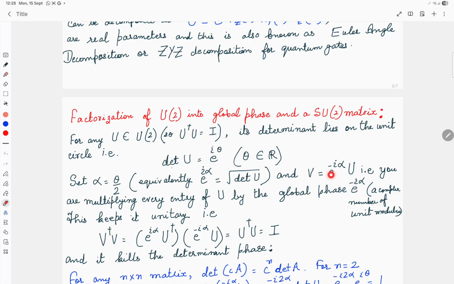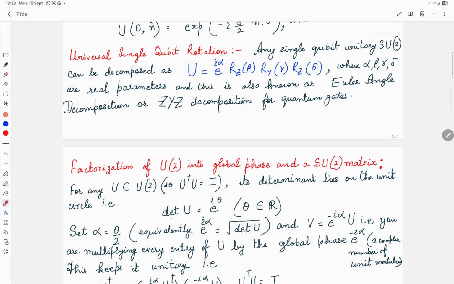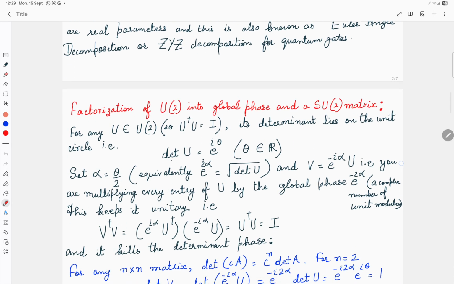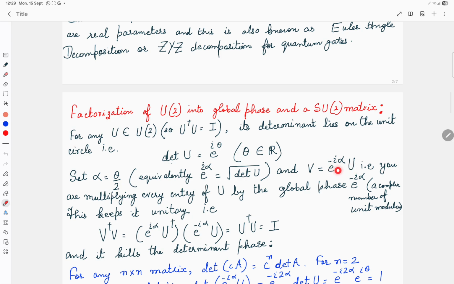We can eliminate the global phase present in the unitary matrix U. Now if you substitute the value of U here, you will substitute this e to the power iota alpha and the rest of the decomposition. Now e to the power iota alpha and e to the power minus iota alpha terms will cancel. That means the matrix V will help us in cancelling the global phase, and what will be left? The SU2 group, special unitary group 2.